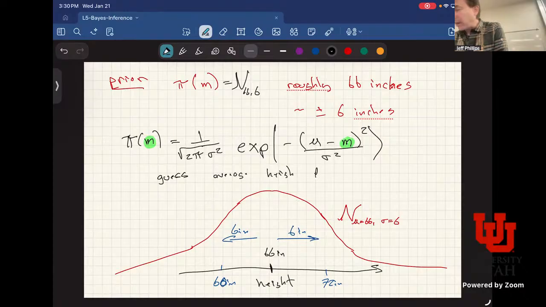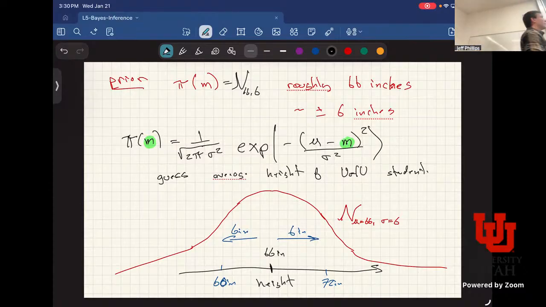Who thinks this is a good prior? Is this a good guess? It seems kind of reasonable, but what could go wrong with it? It has to be greater than 0, and this has some probability of being less than 0. That would be pretty weird.